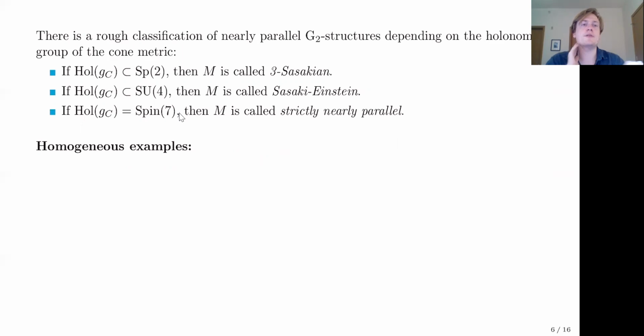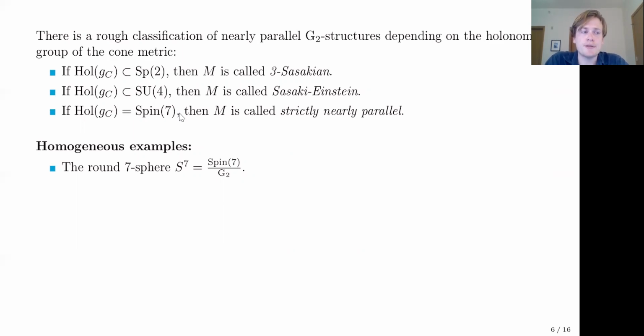Now, luckily, there are homogeneous examples of these structures, of all these various types. And in some sense, the homogeneous examples might be the most important examples, because when you think of the simplest conical singularities for Spin(7) manifolds, you might hope that the link should be close to a homogeneous manifold.